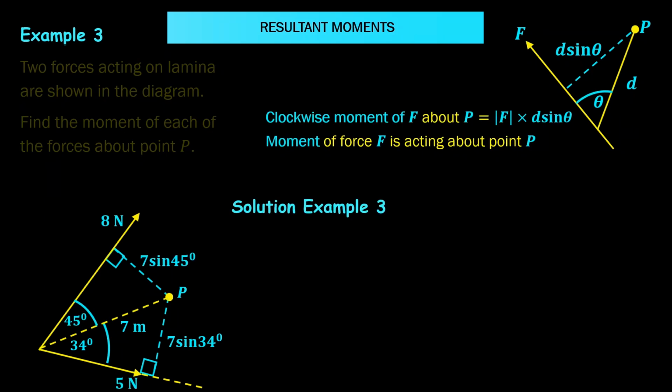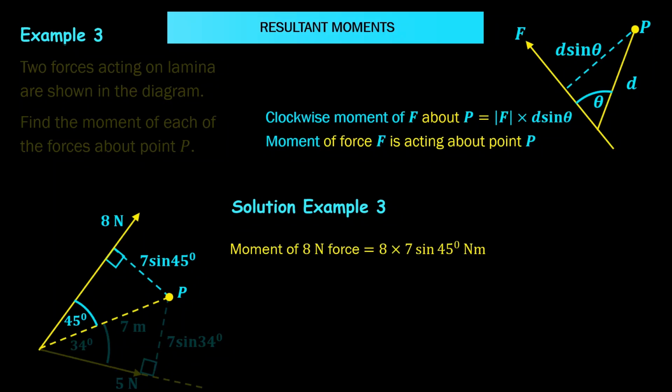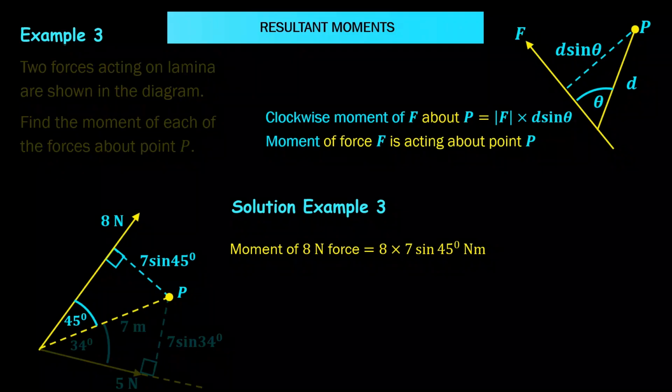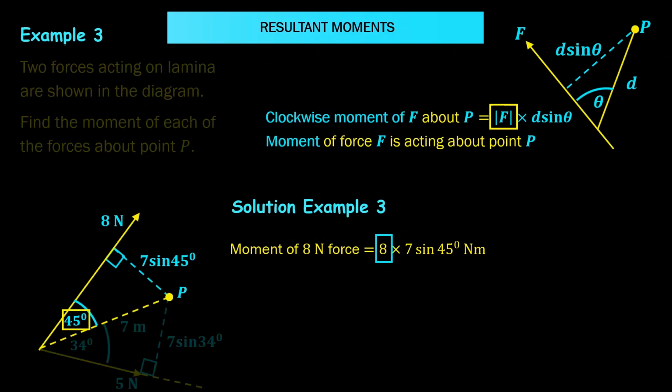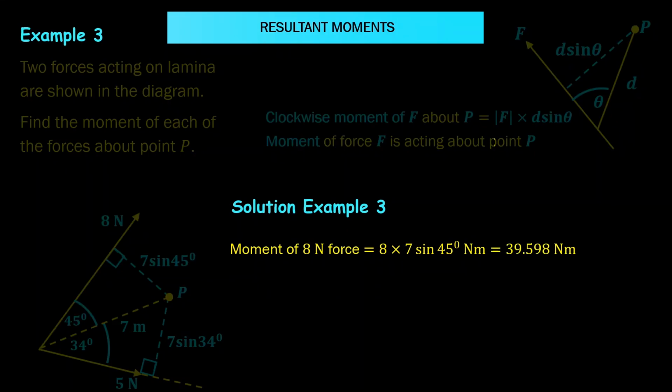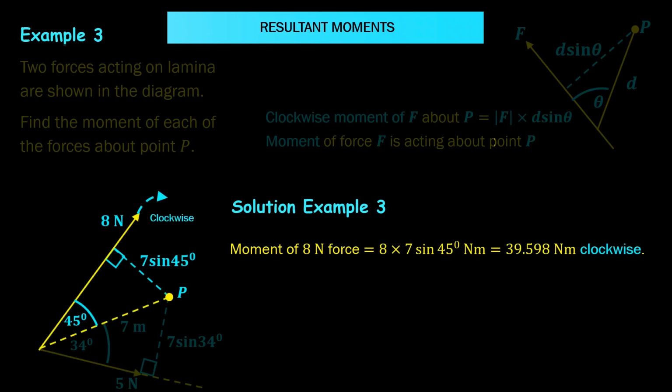So now let's solve example 3. The moment of the 8 Newton force equals 8 times 7 sine 45 degrees, which is equal to 39.598 Newton meters, acting clockwise.